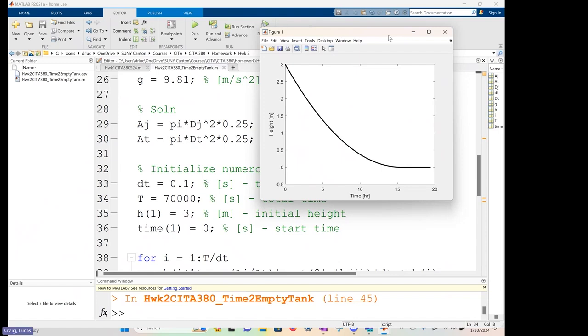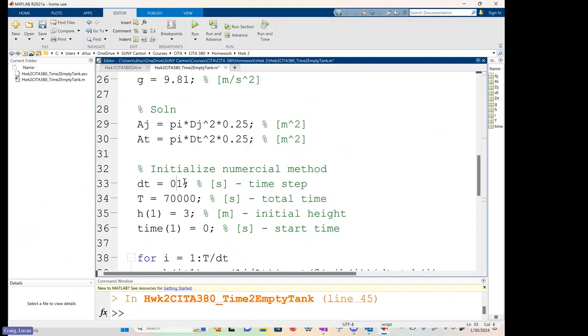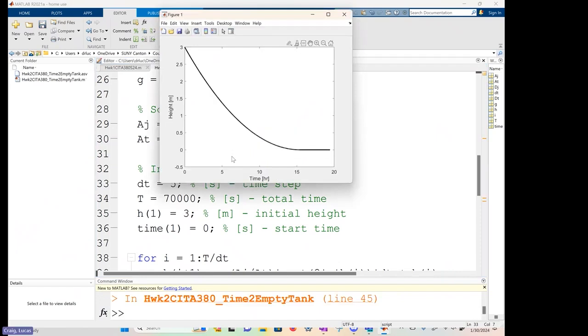But what I'm showing you is, as you are getting this programmed and running the code and you see this horizontal line, think to yourself, well, does that really make sense? But look at the y-axis. Increase the time, okay? Now, if you bump your delta T up to like 5 seconds, it still works, okay?